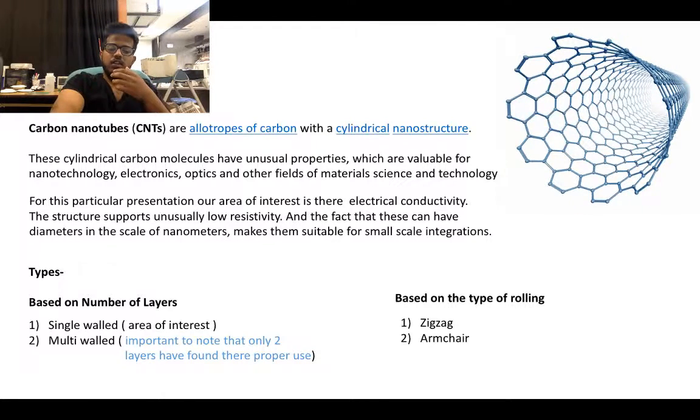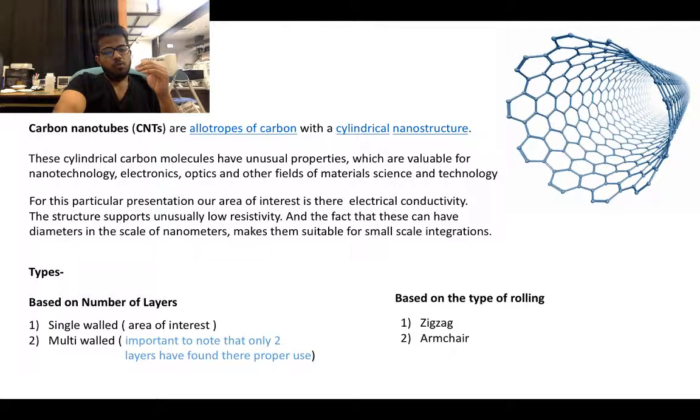So there are different types of carbon nanotube, and the basis of difference are actually two. One is the number of layers you have. You can have a single walled carbon nanotube, which is the area of interest at this point of time. You can also have multi-walled.